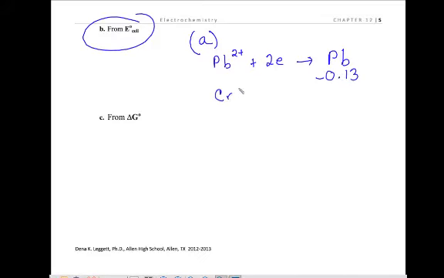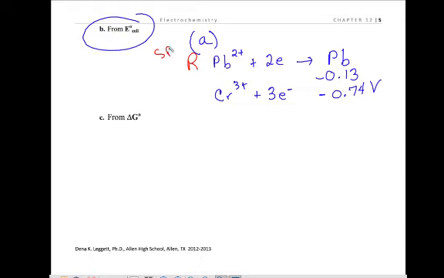Our chromium, Cr3+ plus 3 electrons going to Cr, is actually a negative 0.74 volts.